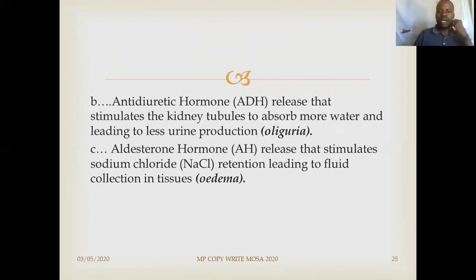Aldosterone hormone is also released, which stimulates sodium chloride retention, leading to fluid collection in tissue, edema, what we call shifting of fluids into the interstitial spaces. It is due to the presence of aldosterone hormone.